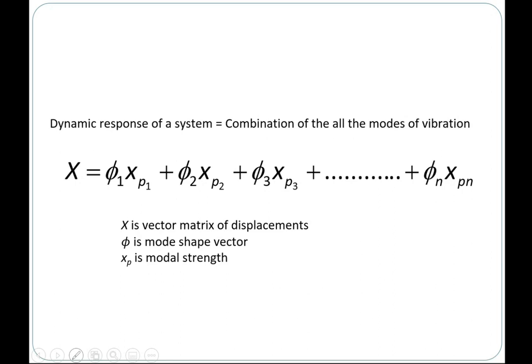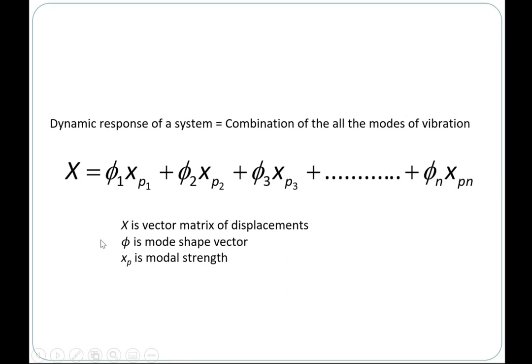Which mode is nearer to the excitation frequency or the running frequency will contribute more. Those that are further away from the excitation frequency, their mode shapes will contribute less.